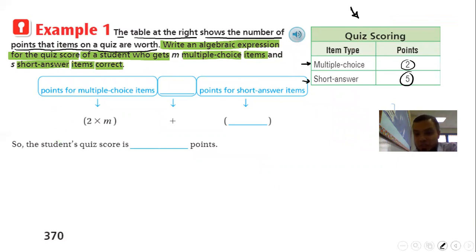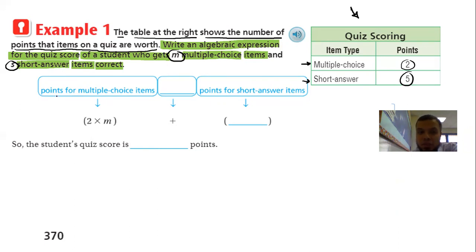So there is a student who answered M multiple choice correct and S short answers correct. I need to write an expression to represent this situation. I need to represent his mark. How can I represent his mark if I have M multiple choice and S short answer items?